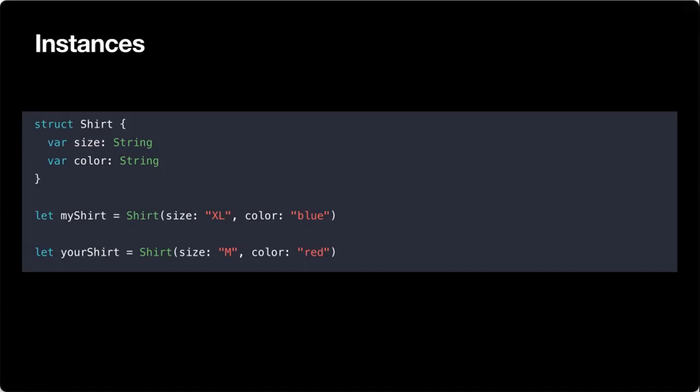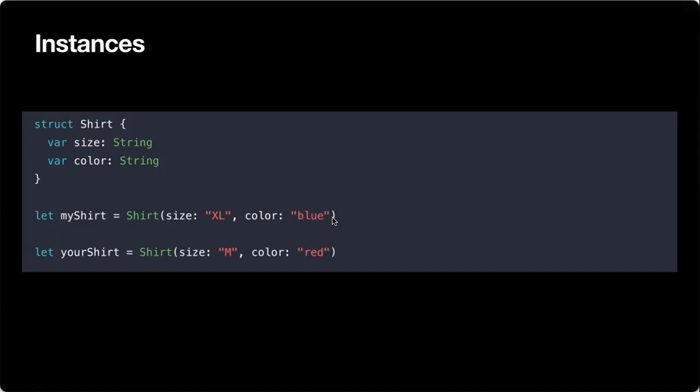So now when I create my shirt as an object, I need to pass both the size and the color for this one. Not only the size, because both of them don't have default values. I need to pass those in the constructor.